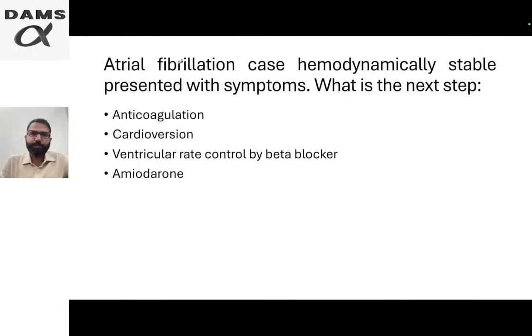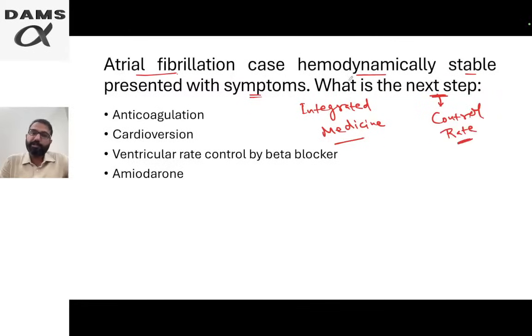This question was there. Atrial fibrillation, hemodynamically stable, presenting with symptoms. Now this is integrated with medicine. I don't know the exact case, so I will not comment on the correct answer. But if they simply ask about atrial fibrillation only, then definitely we control the rate. But if the time duration was there and if tPA and all was asked, then definitely the question was completely different.